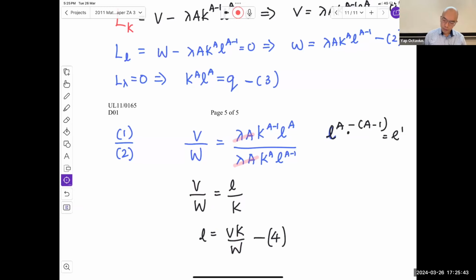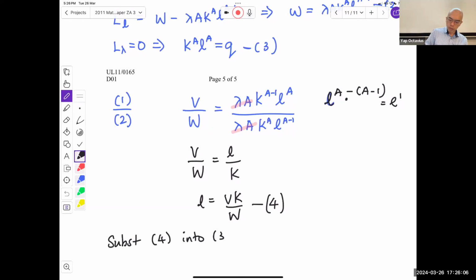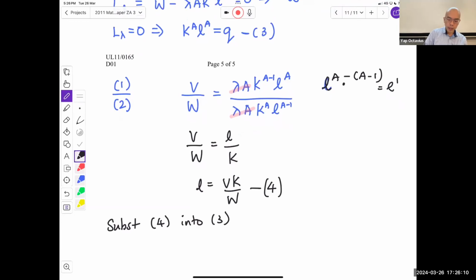All right, so with this, we're going to put it back to here. This is the part that is going to be challenging now. Take a few seconds, maybe 2 minutes, and try to settle this. So substitute 4 back into 3.